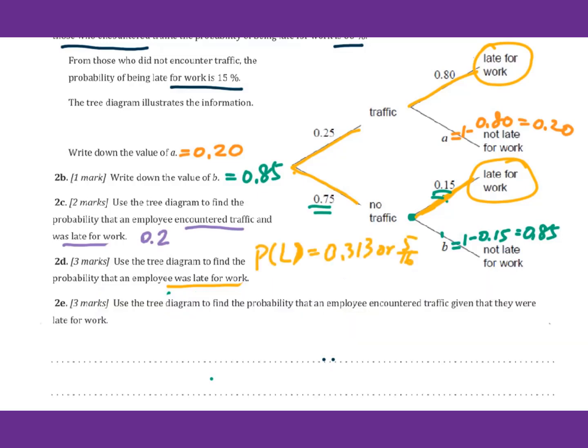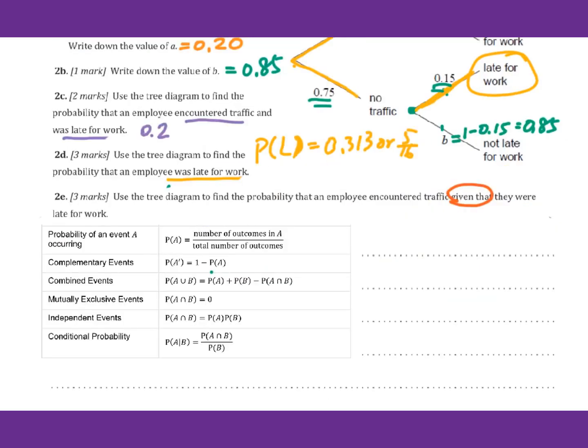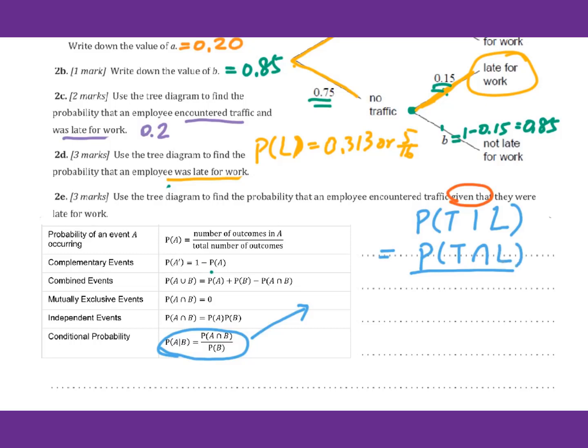Let's go to 2E. Use the tree diagram to find the probability that an employee encountered traffic, given that they were late for work. Keywords is given that, means this is a conditional probability. You will use this formula. Given that, when you write down the probability, this is a bar. So we have traffic given that late. According to this formula, I can write down probability of traffic and late over probability of late.